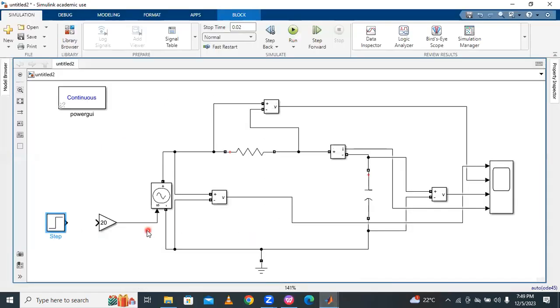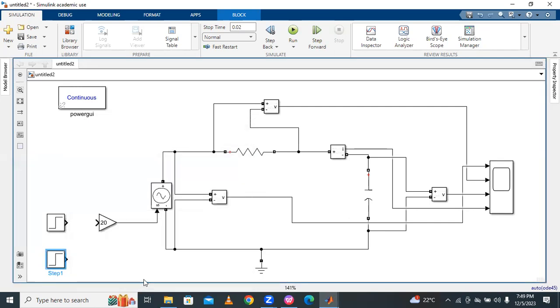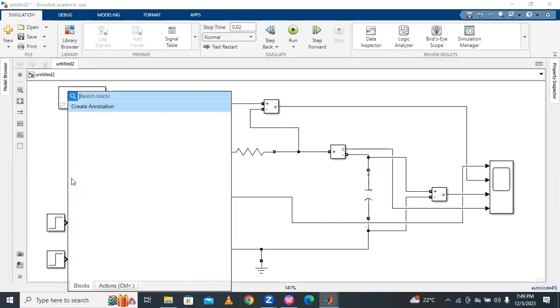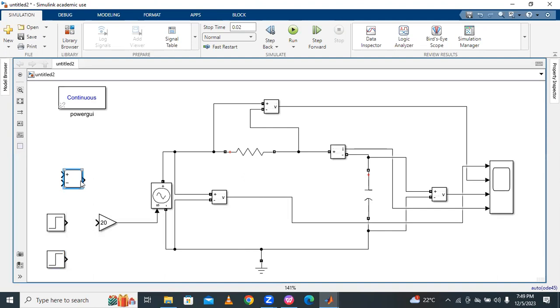After 5 milliseconds the pulse becomes 0. Place the blocks here, take one subtract block, and connect them.